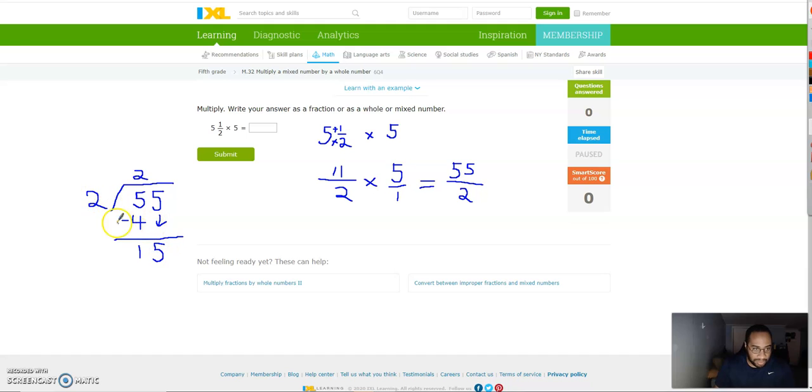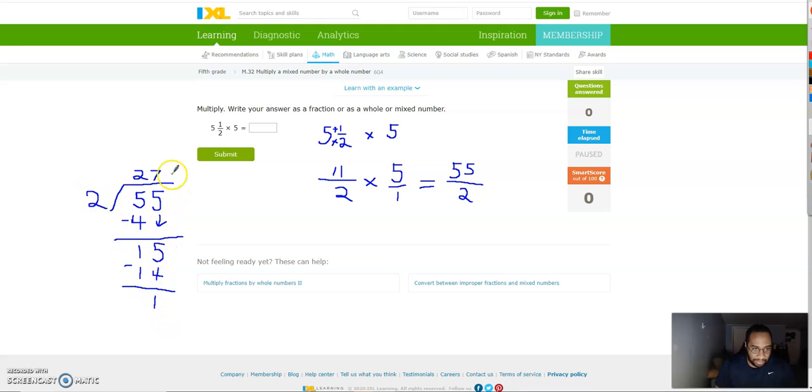Casely, how many times is 2 going into 15? You said 7? Excellent job, Casely. So 2 times 7 equals 14. Subtract to see what's left over is 1. Caden, can 2 go into 1?